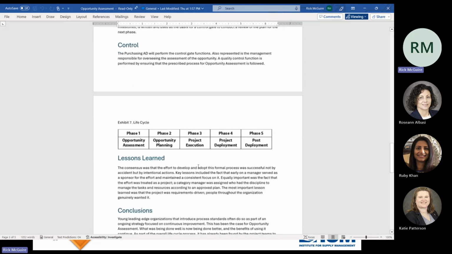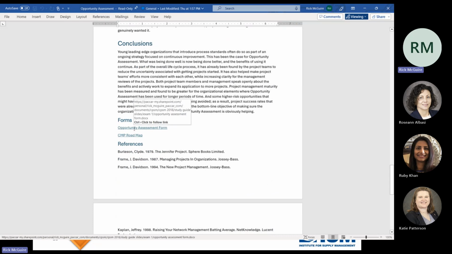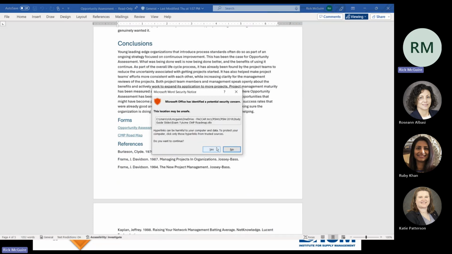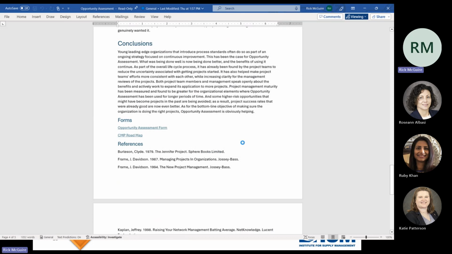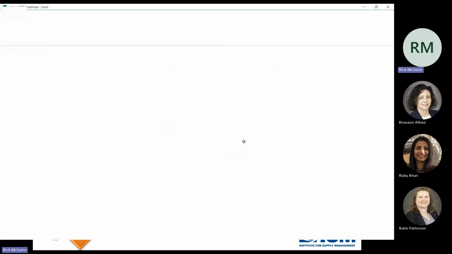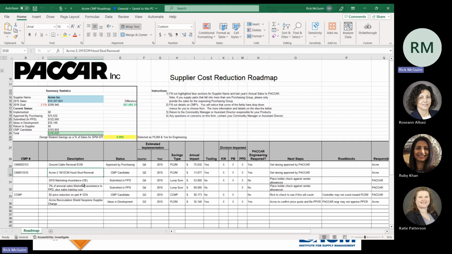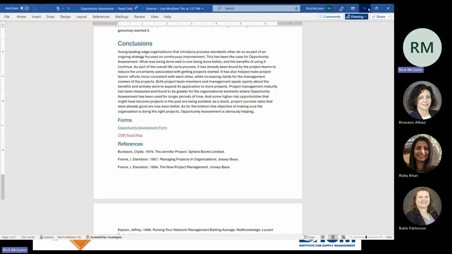And then down here are some forms. There's the opportunity assessment form. And here's a form that's good to use this time of year with all your major suppliers, to get them thinking about what the cost savings opportunities are in what they're sending us. This will also measure it for SPM, but that's a handy little tool.